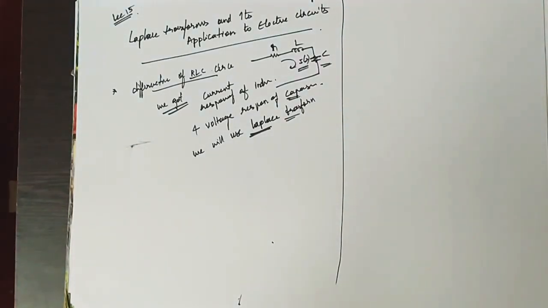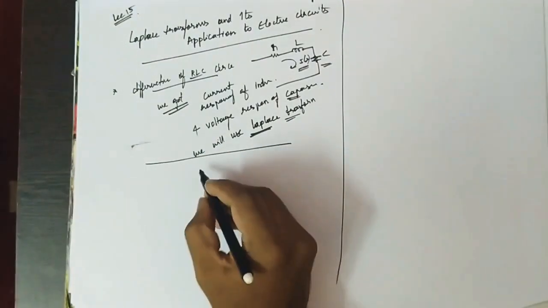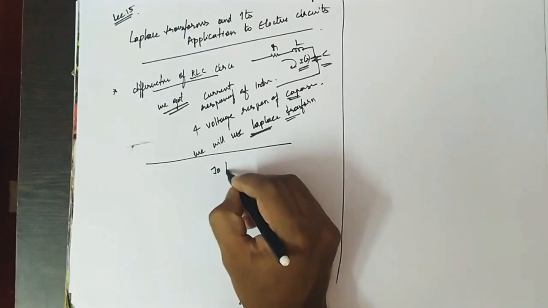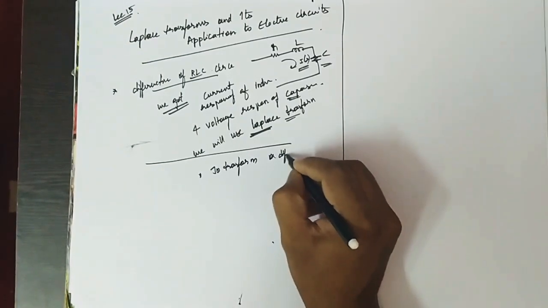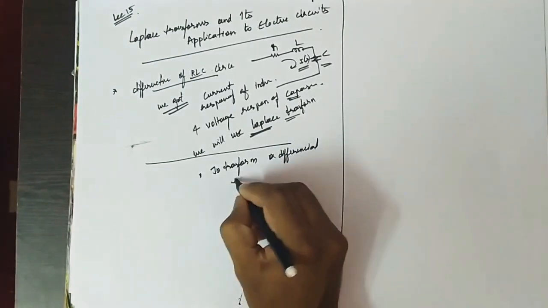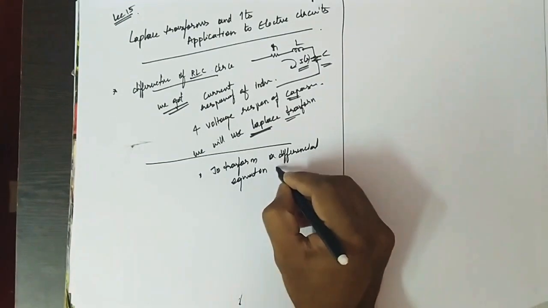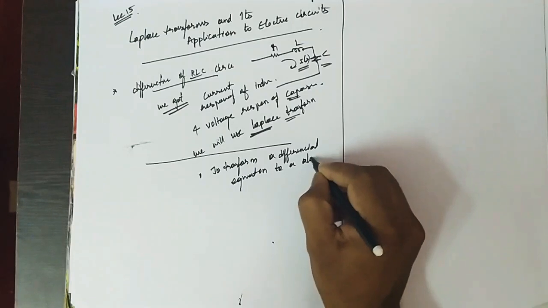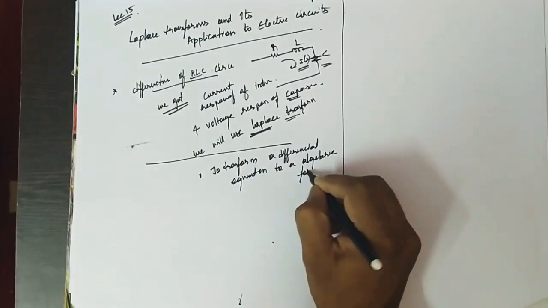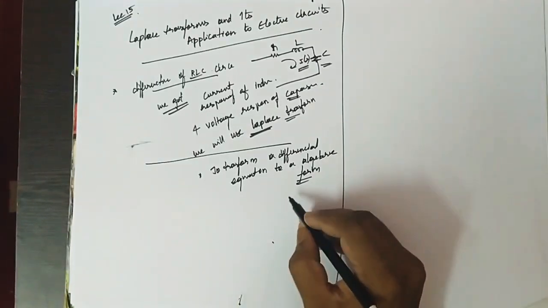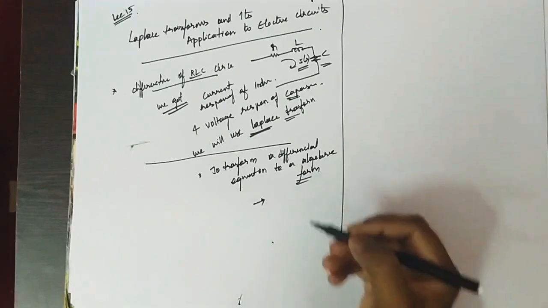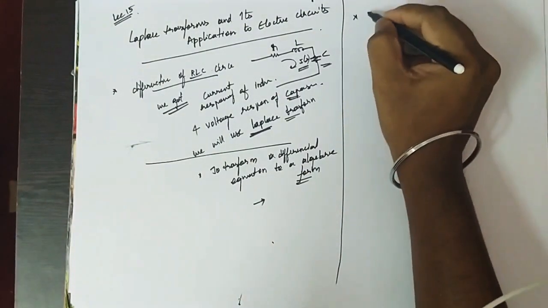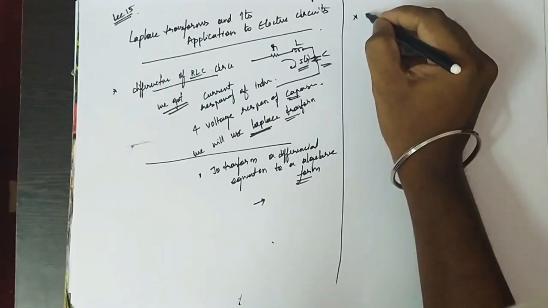So why we use the Laplace transform is just to transform a differential equation to an algebraic form, and after finding that algebraic form we use some techniques to find the Laplace transform of that equation, and after that we find the inverse and solve.